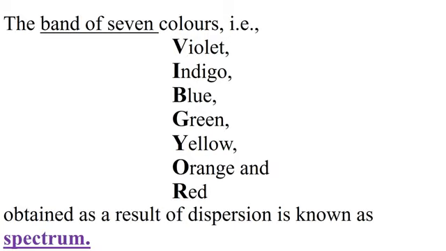The band of seven colors, that is, violet, indigo, blue, green, yellow, orange, and red, obtained as a result of dispersion is known as a spectrum.